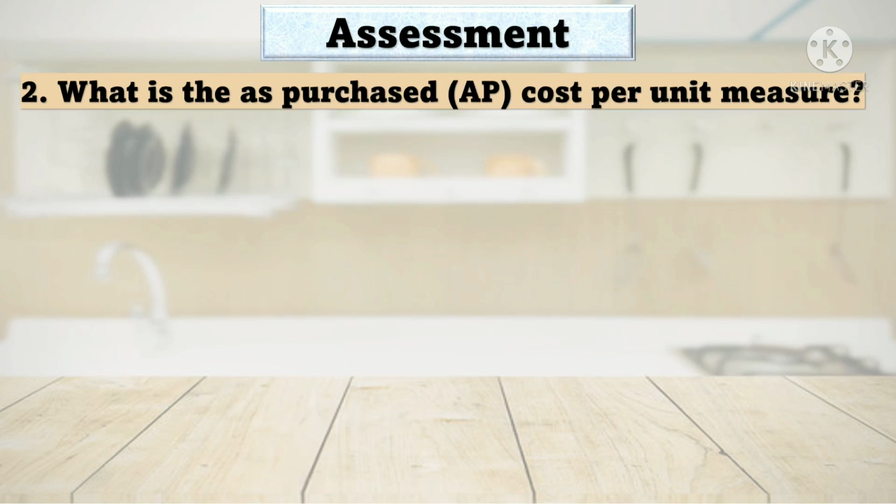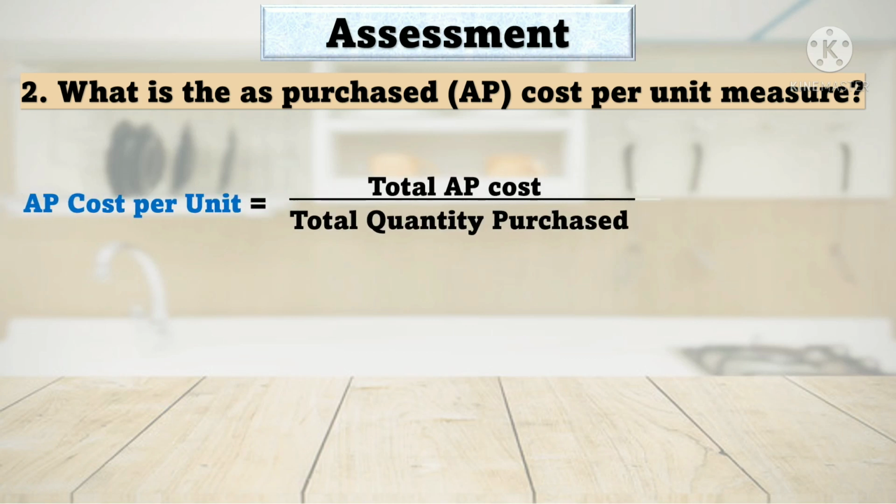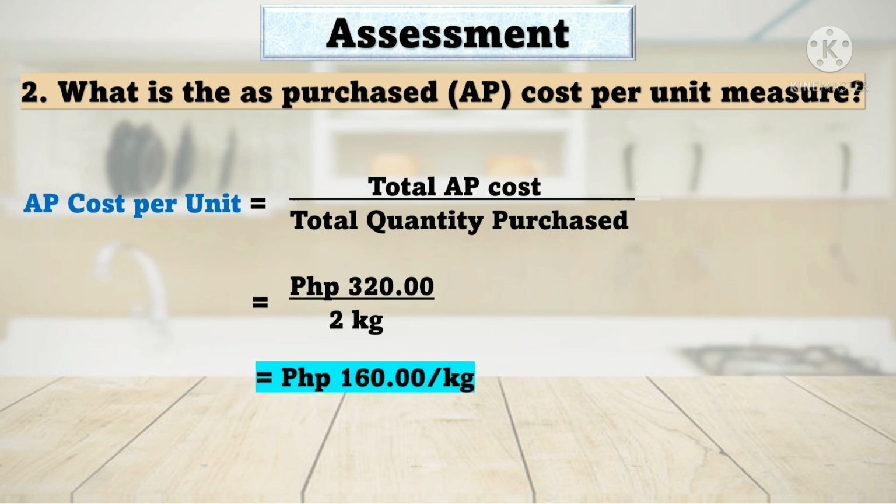Number 2. What is the as purchased or AP cost per unit measure? Here is the solution. The correct answer is 160 pesos per kilogram.